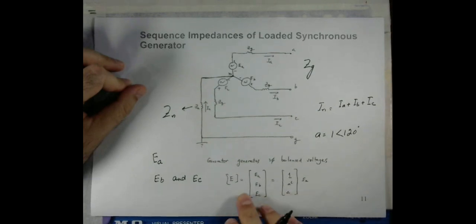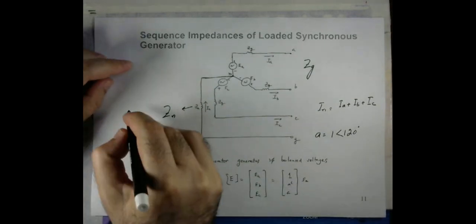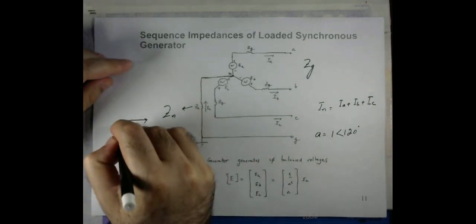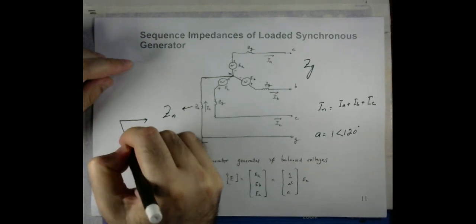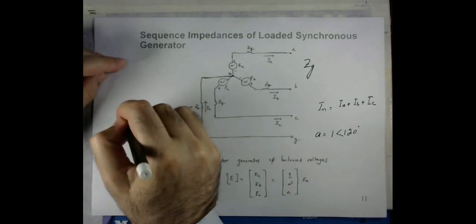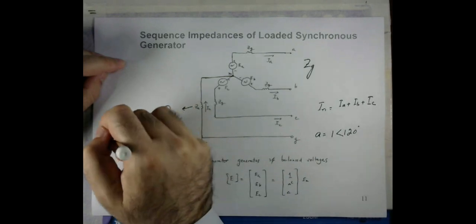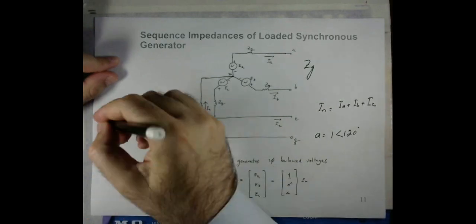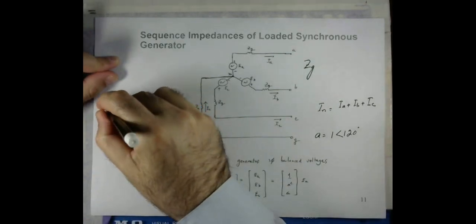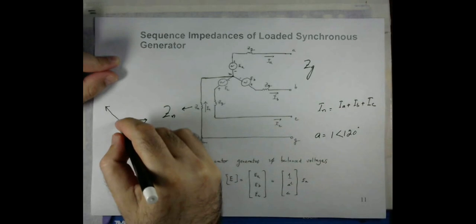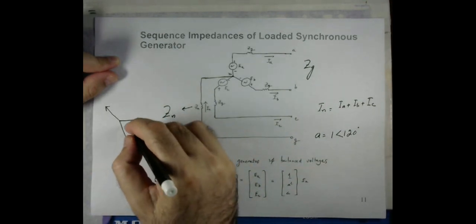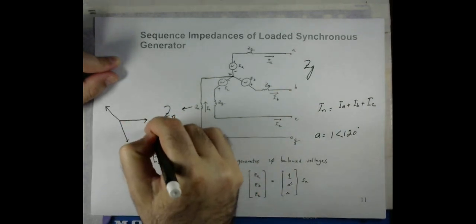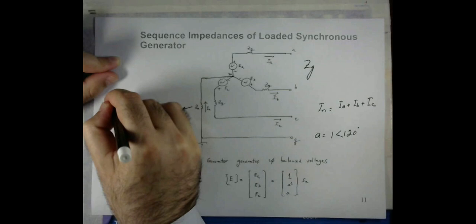In this particular case, if this is Ea, then this will be Eb, and that will be Ec.